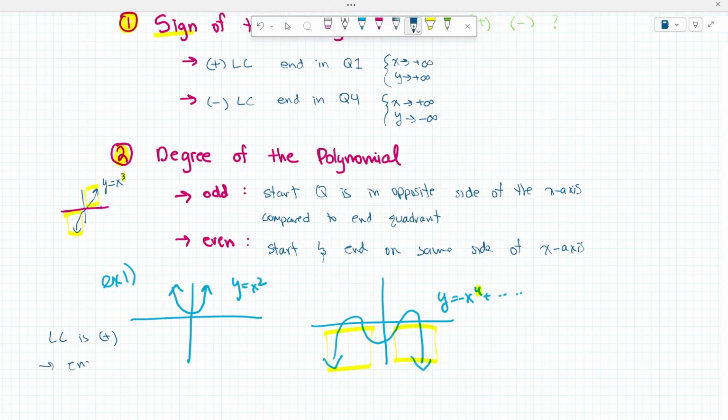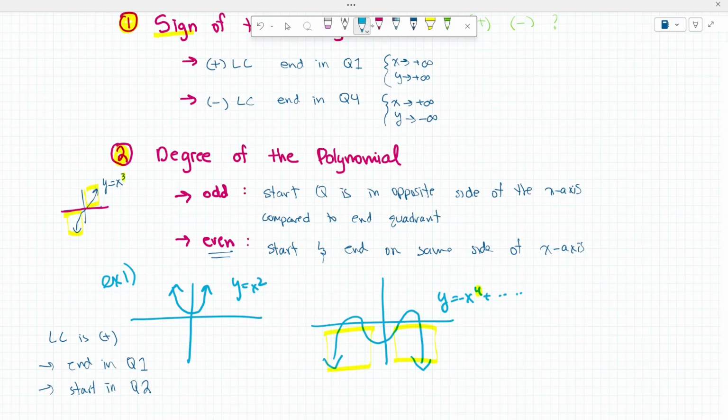So end in Q1, which is what we see here. And then also, since it is even, we know that it's going to start and end on the same side of the x-axis. So if it ends in Q1, that means that it has to start in Q2.